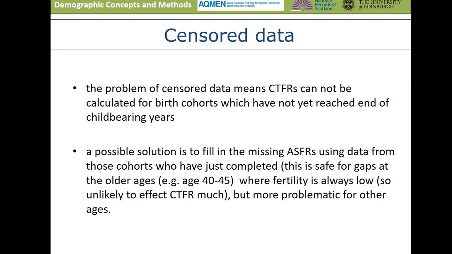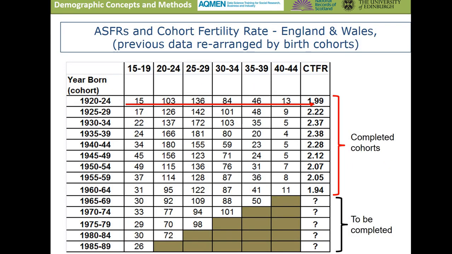One solution is to fill in the missing age-specific fertility rates for a cohort using data from a cohort who have just completed their childbearing ages, just reached the end of the childbearing ages. And this is generally thought of as quite safe for gaps at the older ages where fertility is low, but it's much more problematic at other ages. So we can see here, this is the same table as before, but arranged slightly differently.